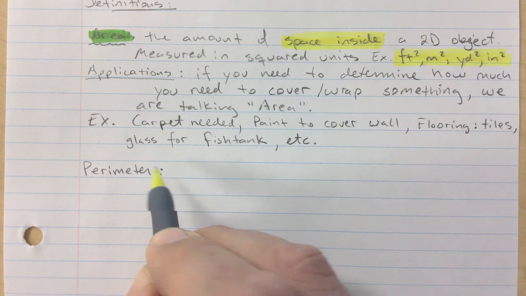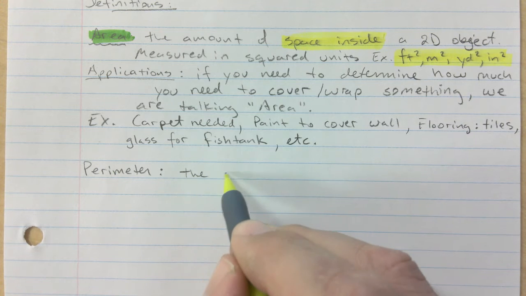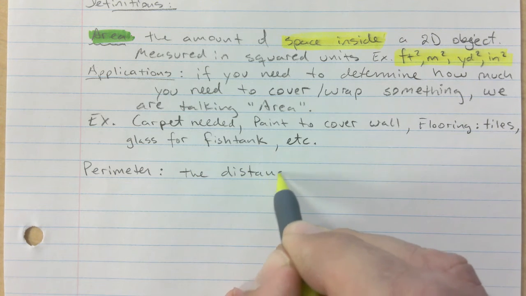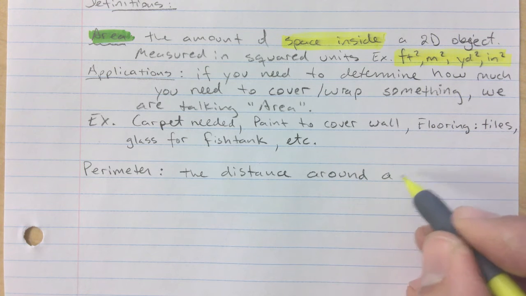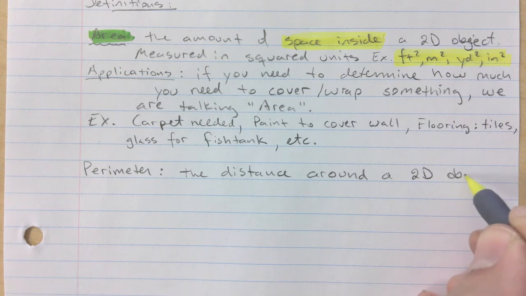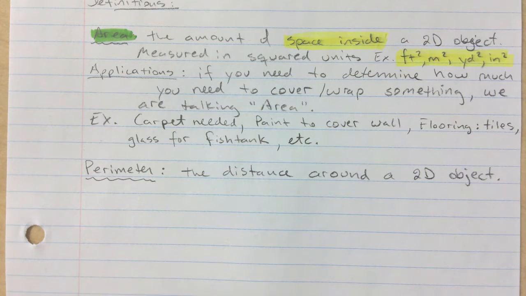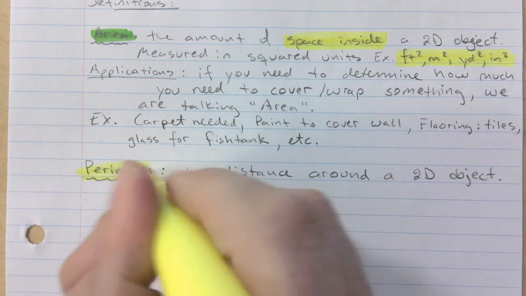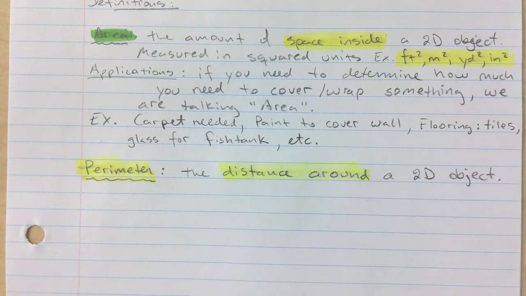Perimeter. The distance around a 2D object. Think of our perimeter in the city, right?